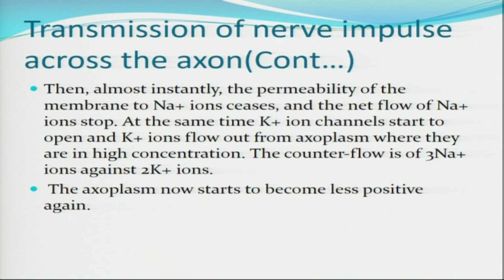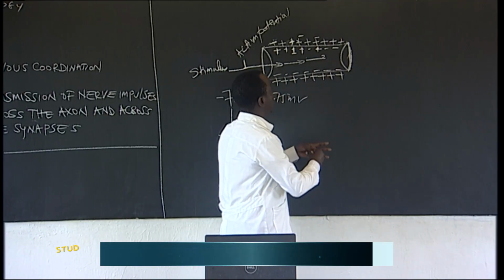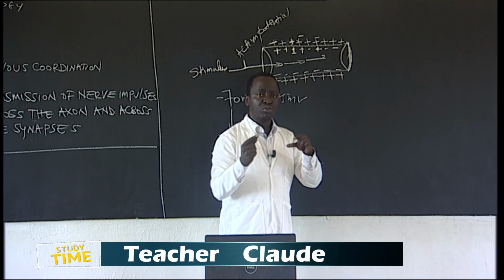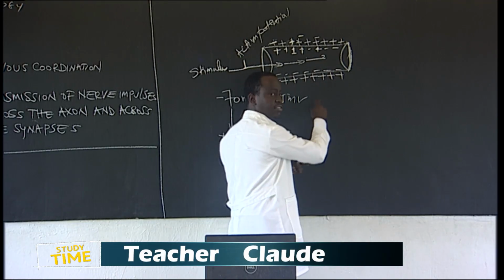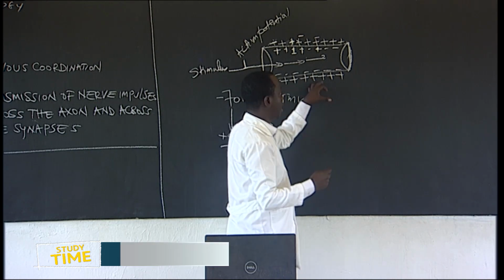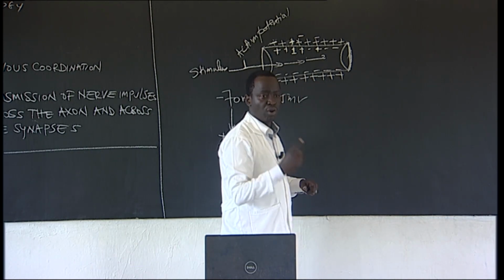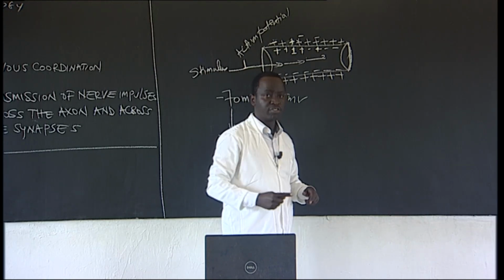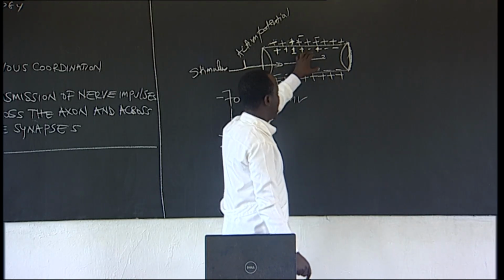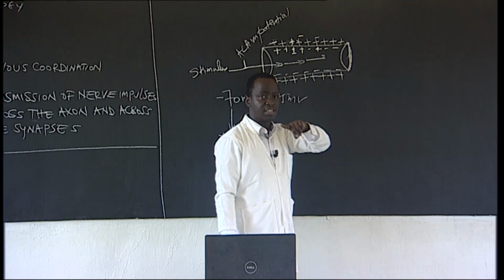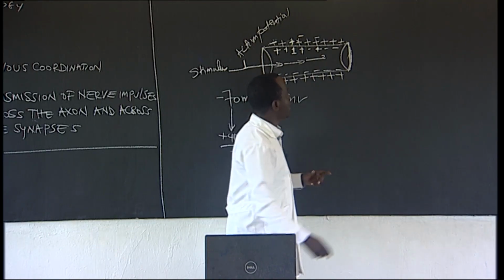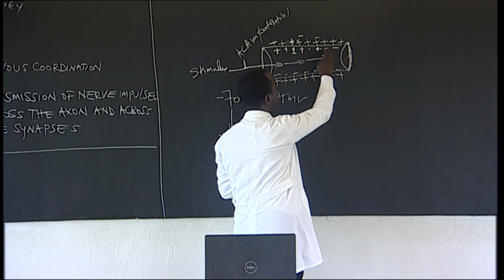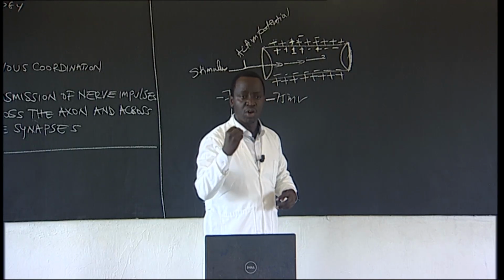Because now our message has been passed, so we need again to repolarize this axon membrane. So what's going to happen now? The sodium channels have been closed. If they have been closed, we have fewer positive charges inside. And then with fewer charges inside, what's going to happen?